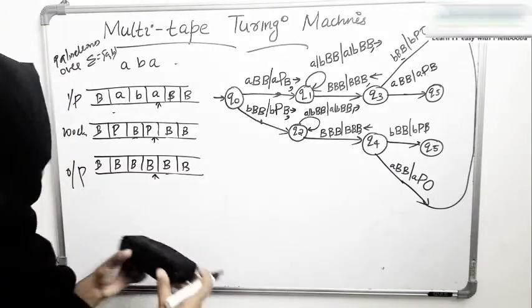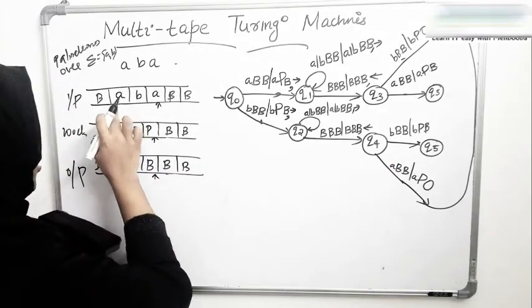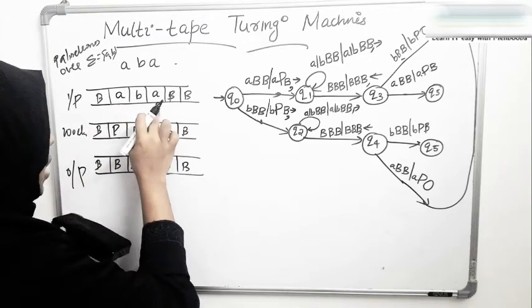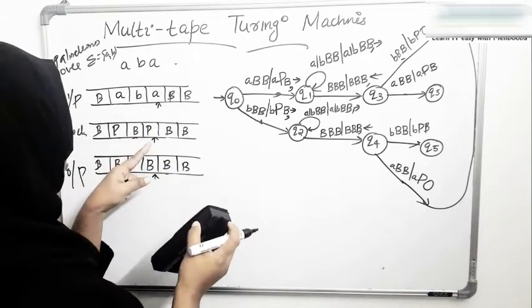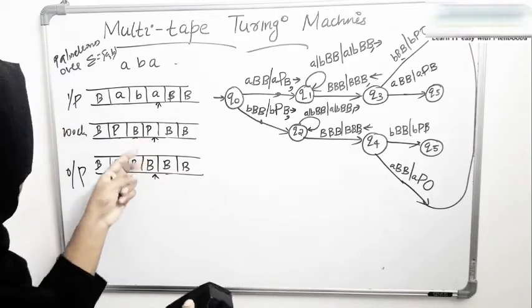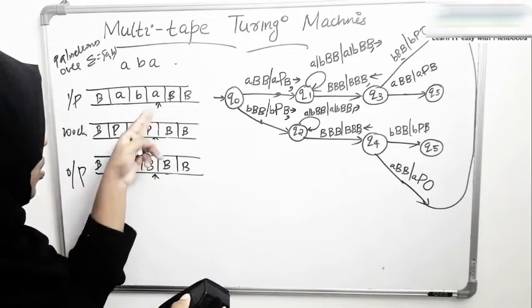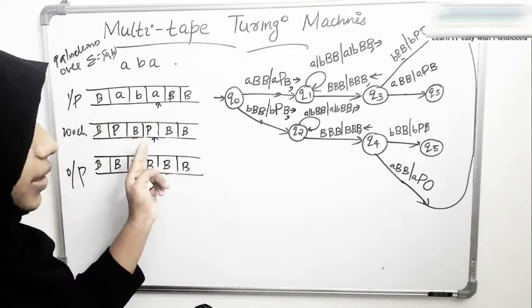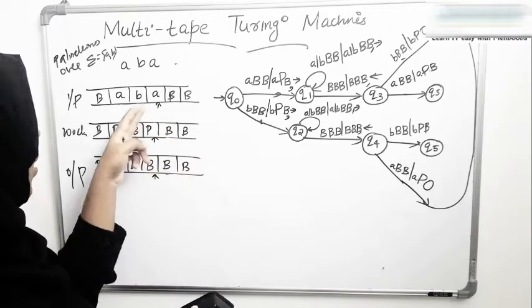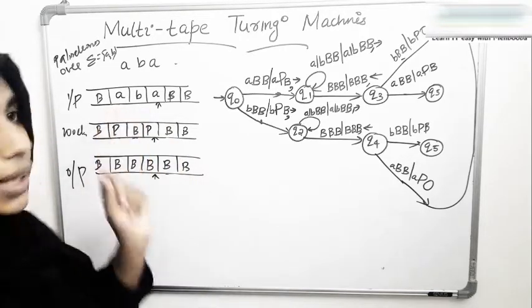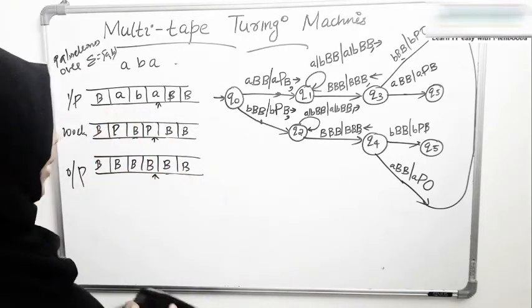Okay, so that's it. So in this case, the initial character was A, next B, next A. So this first character and last character have been processed. Now we have to keep on moving to the left to get the second character, isn't it?